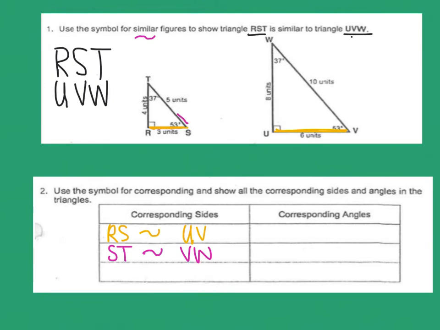S to T would be my new color now. And then in the same order, V to W would be the same color because they correspond. They're the second and third letters. Okay, then my last ones are all I have left. So the first letter is R, last letter T. R to T is going to be my last combination.